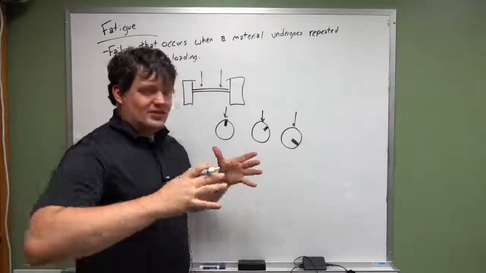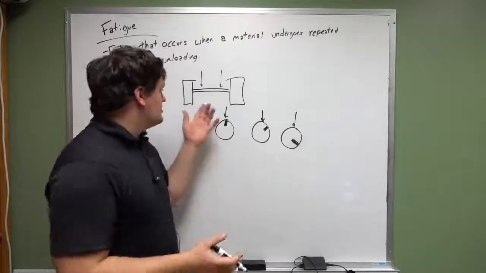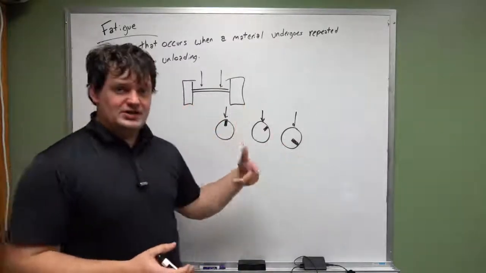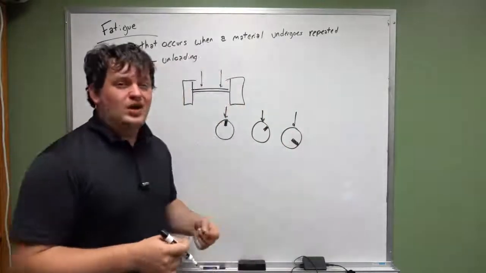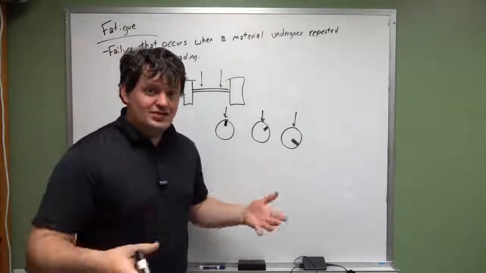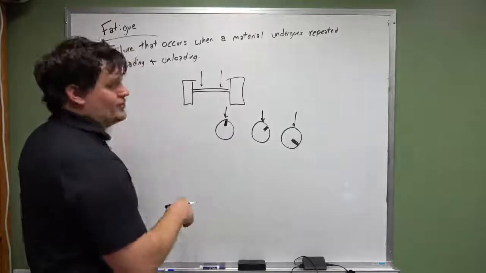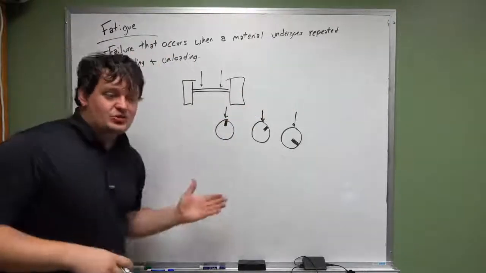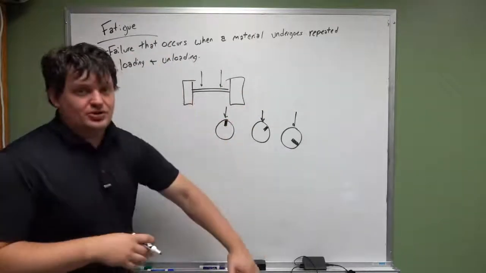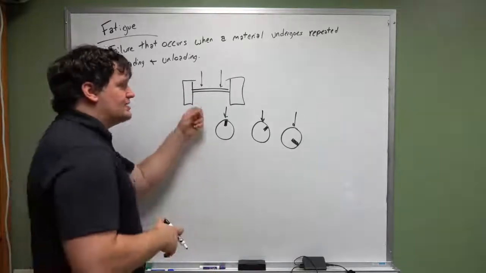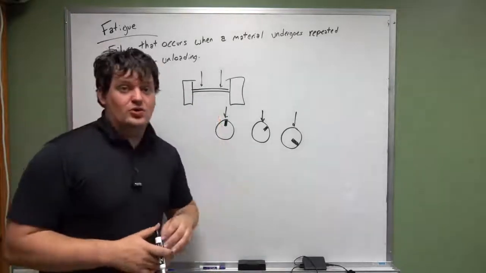So we have a dynamic loading going on this axle, where every time it spins once, it experiences a brand new, what we're going to call a cycle. It goes all the way from being loaded one direction to being loaded the other direction, back to being loaded one direction. And axles experience a lot of cyclical loading like this.